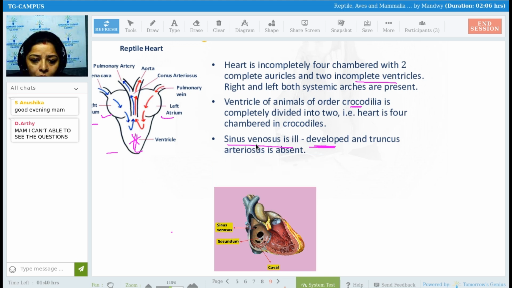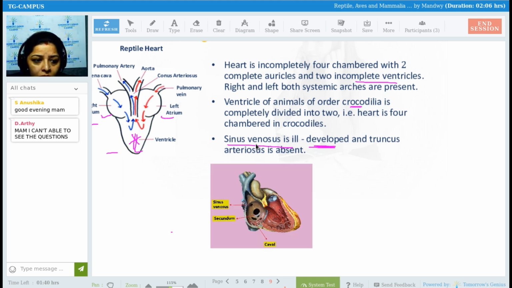Is it visible to you guys? As you can see in the image, this is the atrium, and this one is the ventricle.